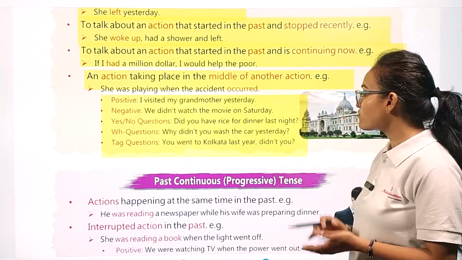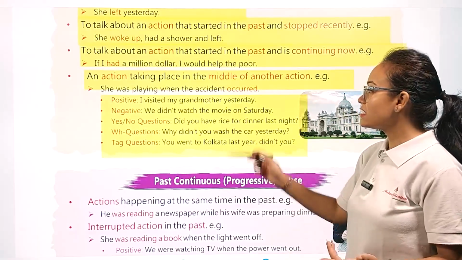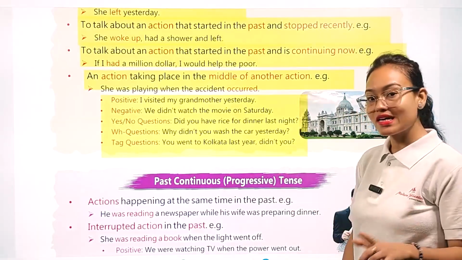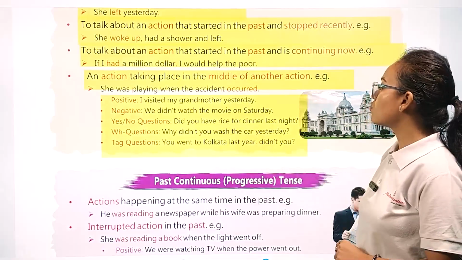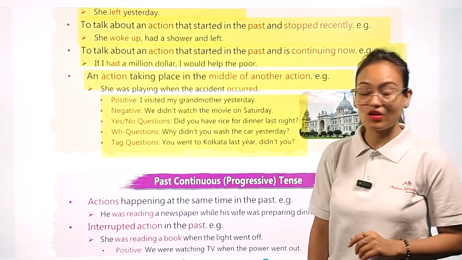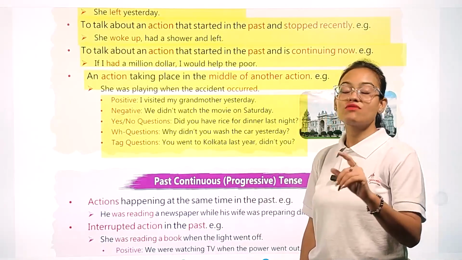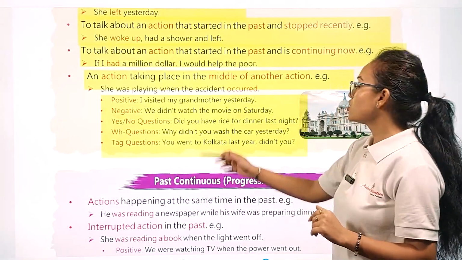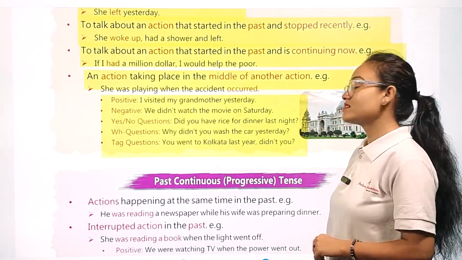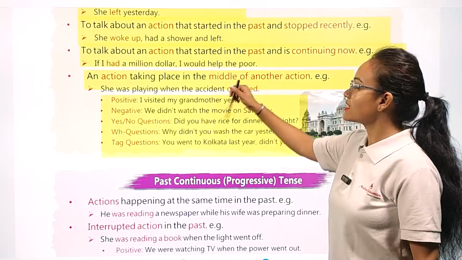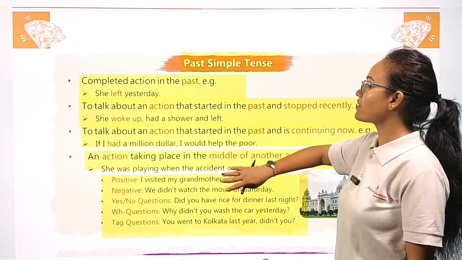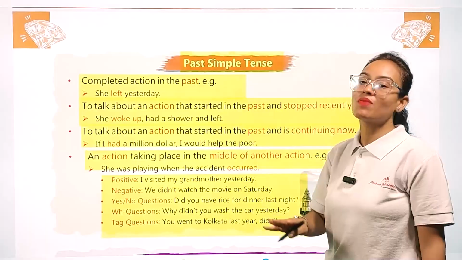Did you have rice for dinner last night? Then WH questions, means what and where. Why didn't you wash the car yesterday? Then comes the tag question, whenever we are tagging any question. You went to Kolkata last year, didn't you? So in all these cases, my dear students, you have seen we use simple past tense.